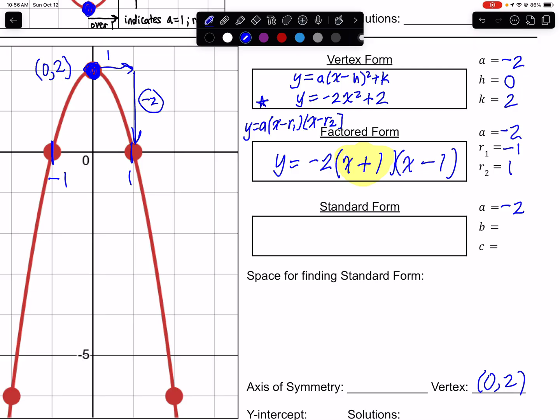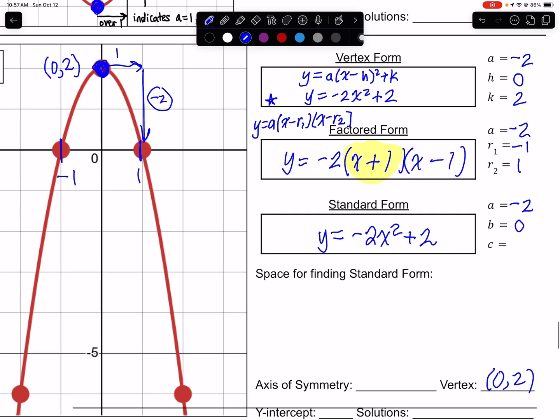This actually looks like that I can just carry that down. And that comes from the fact that h was 0, so there were no parentheses involved, so it already is in standard form. And that can happen, especially if the quadratic is on the y-axis like this one is. So we don't even need this space really.